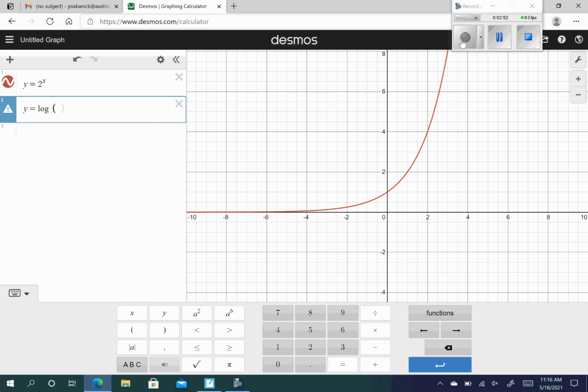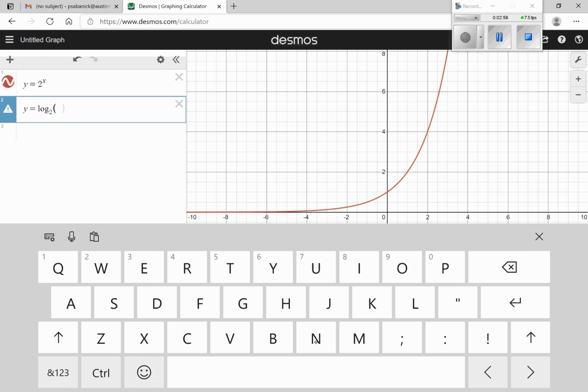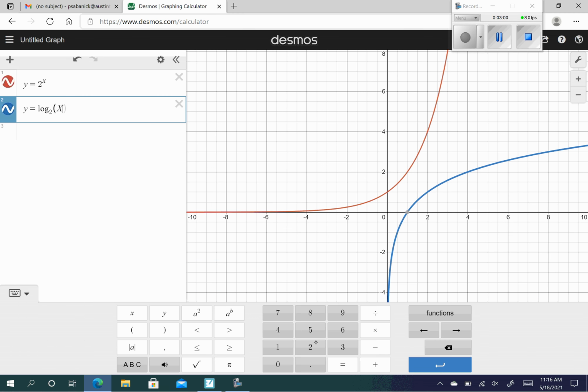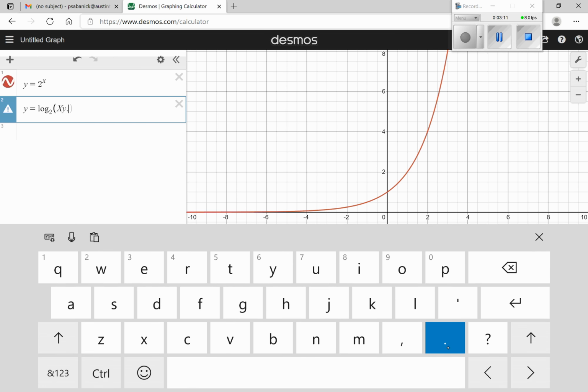Now notice where the cursor is down here at the bottom of the g. So you want to hit 2, and then in the parentheses, we want to type in x. And then to show that these are inverses, just type in the equation y equals x. Oops, I want to go to a new line below that.